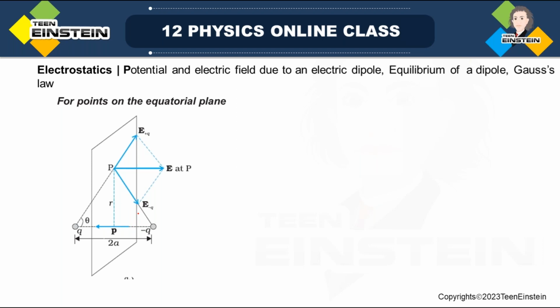Now we'll directly go to the calculation. So in this, you can see here that this line PP is actually perpendicular to the bisector line on the plane, and it has constant potential hence. So I start calculating the electric field.